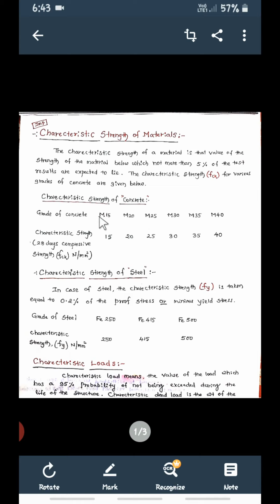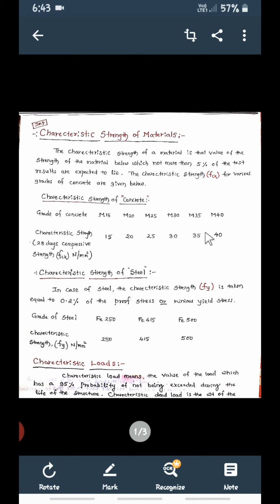So M indicates mix and 15 indicates characteristic compressive strength of concrete cubes after 28 days of curing. The curing period is fixed, that is 28 days. After 28 days, whatever compressive strength we get will be designated like this. So these are the different grades of concrete.